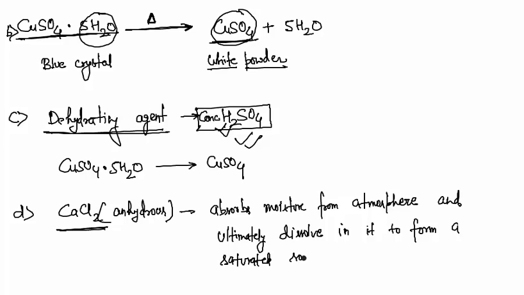These types of substances are known as deliquescent substances. So CaCl2, that is anhydrous calcium chloride, is deliquescent.